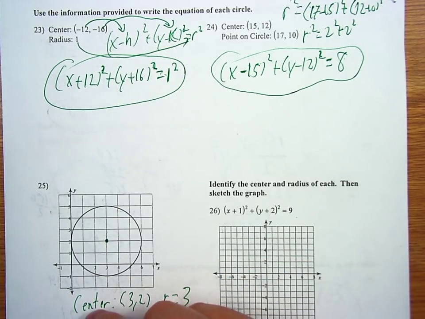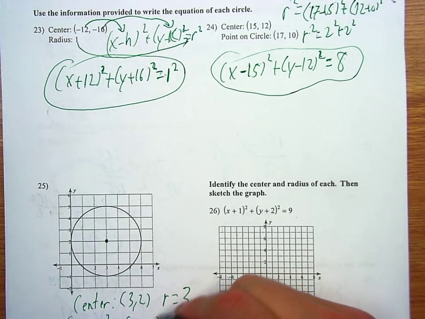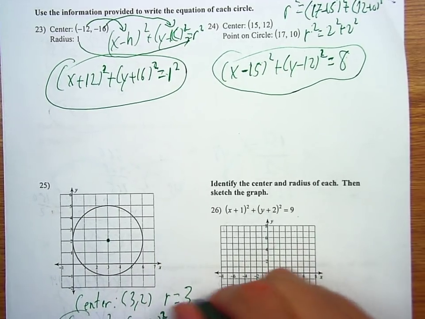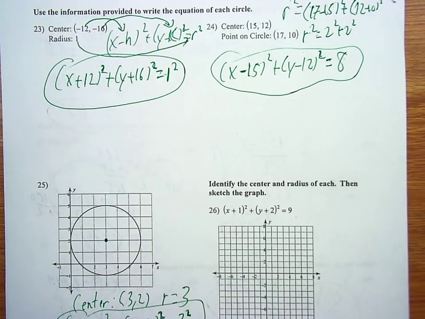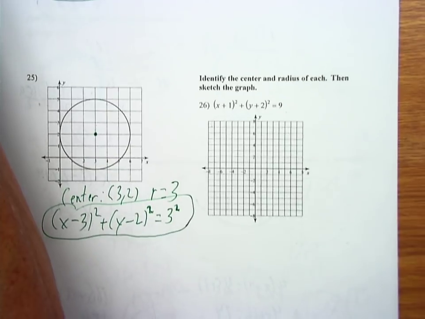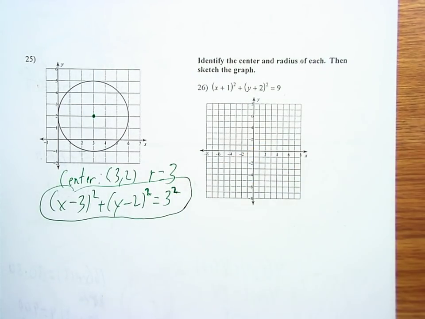So my equation here is x minus 3 squared plus y minus 2 squared is equal to 3 squared. And again, you can make that 3 squared into a 9 if you want, but I'm not going to require it.